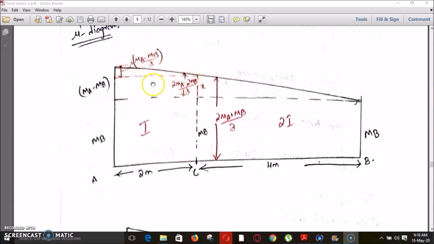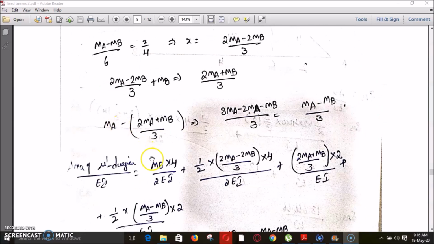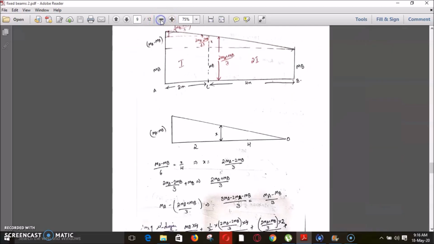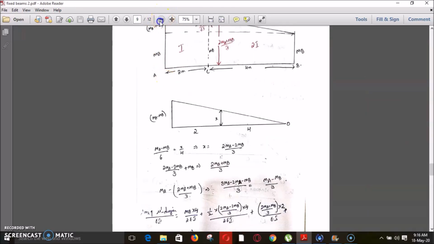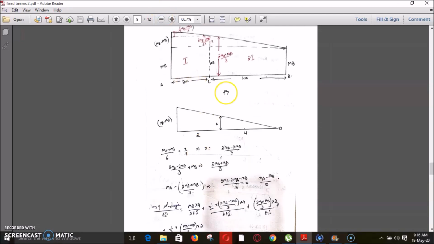Now we have to calculate area of mu dash diagram by EI value. So coming to this one, area of mu dash diagram, first I am considering this rectangular part.